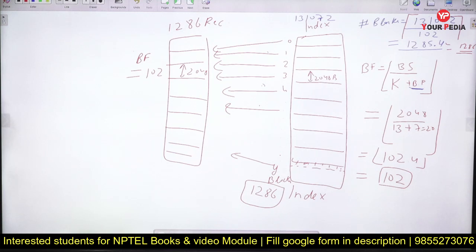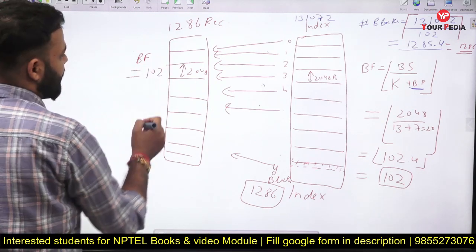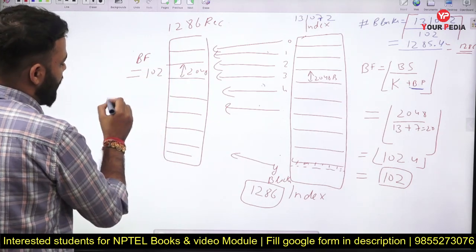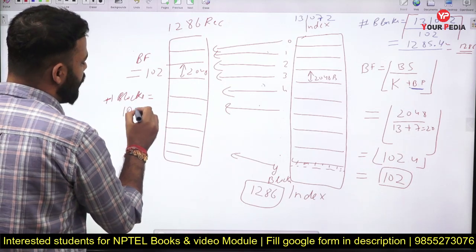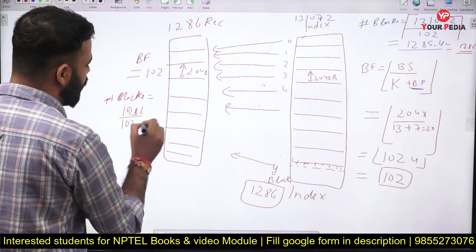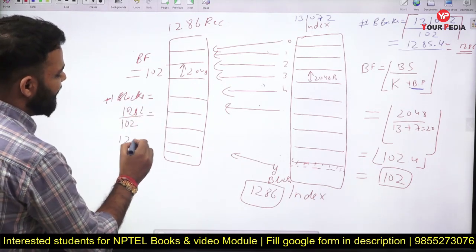Now if you want to look at the total number of blocks, you have the number of records and you have the block factor. So the number of blocks will be 1286 divided by 102, which will be equal to 12 point something.